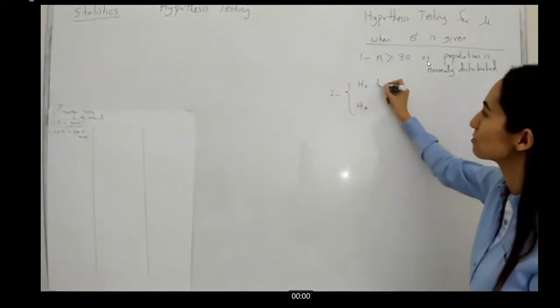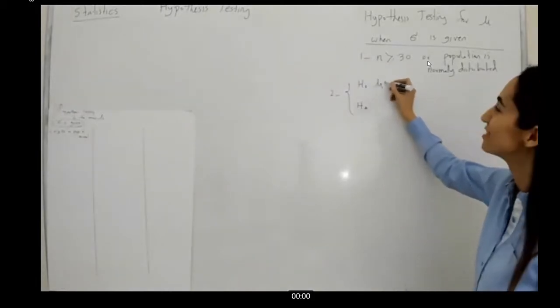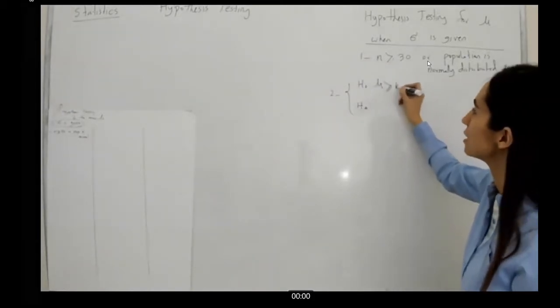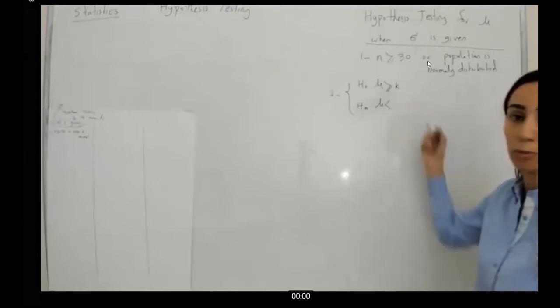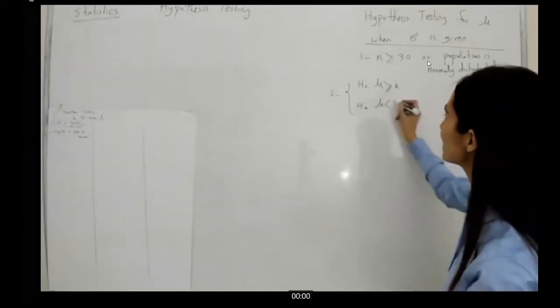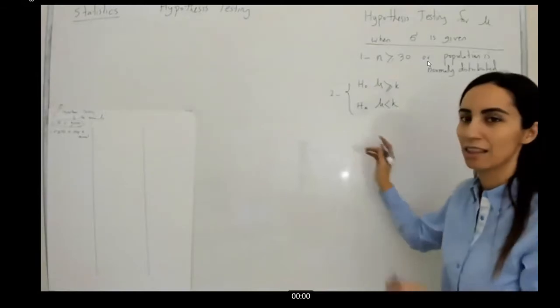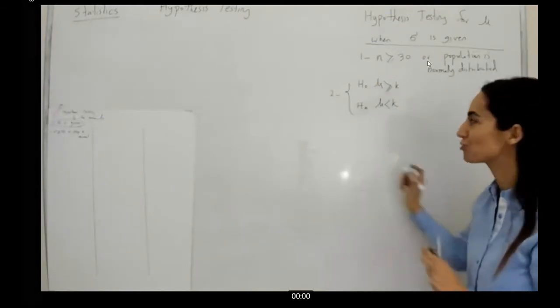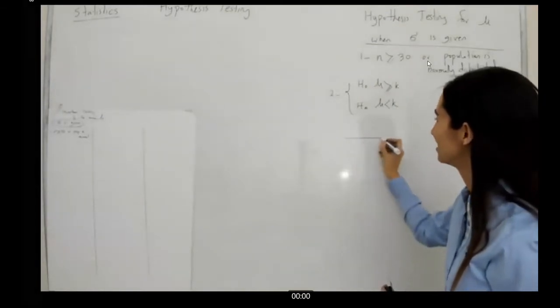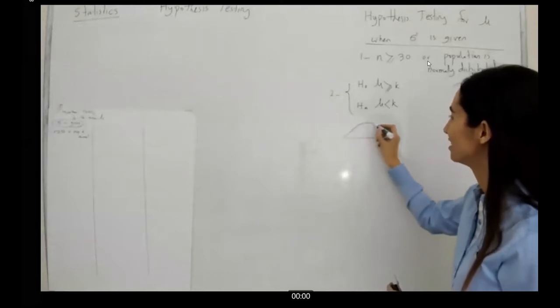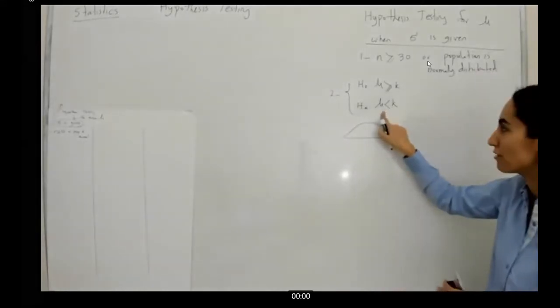Mu is greater than or equal to k. Very good. And its complement, its opposite, mu is less than k. What type of graph do you have? Left tail, right tail, two tail, which one is that? Left tail, thank you.